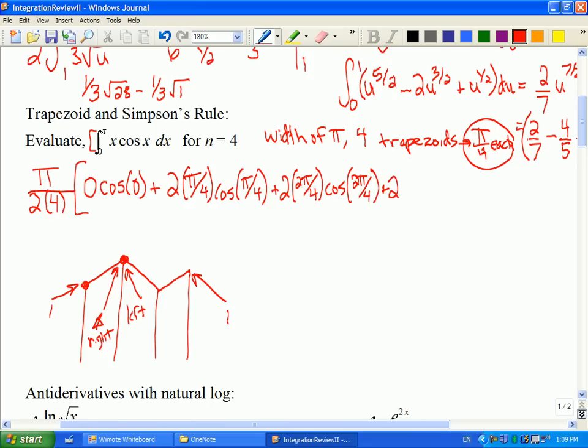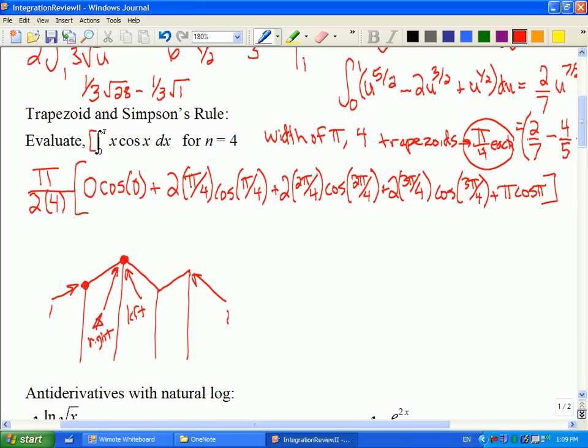And now where were we at here? That's 3 pi over 4, cosine 3 pi over 4, and pi, cosine of pi. So that would be enough for us to do it in the calculator. And again, today I won't take your time up to do that, but this would be set up for trapezoid rule. Okay? So now we will take a look at Simpsons Rule.